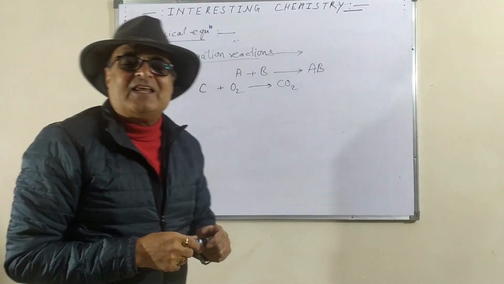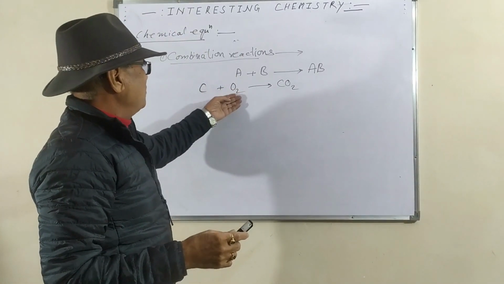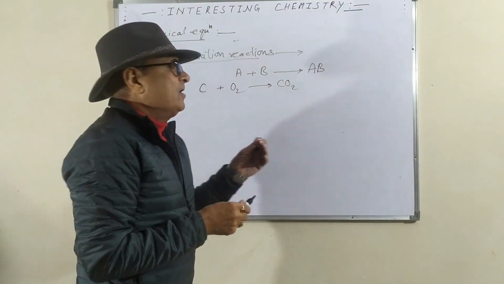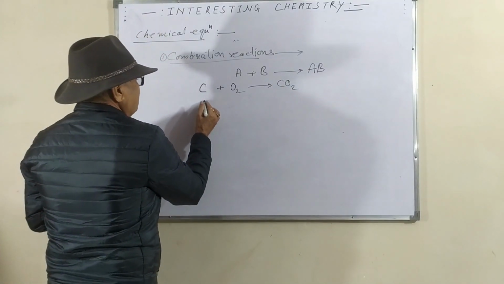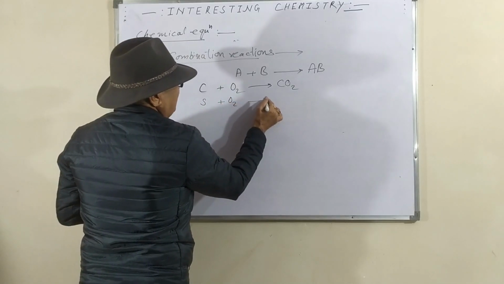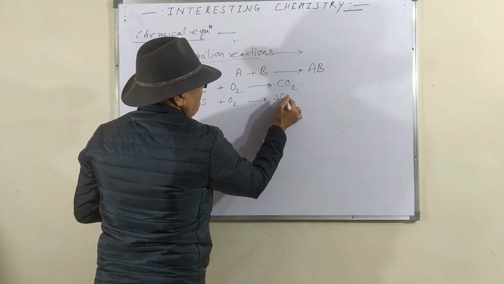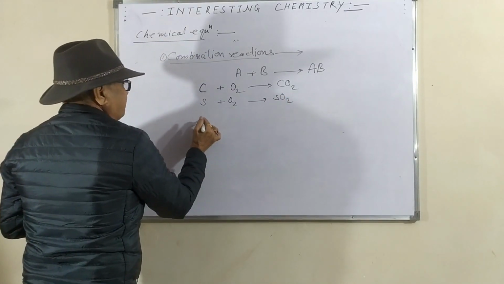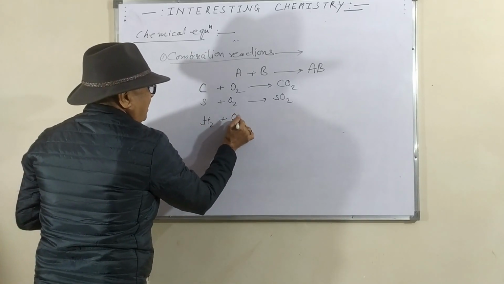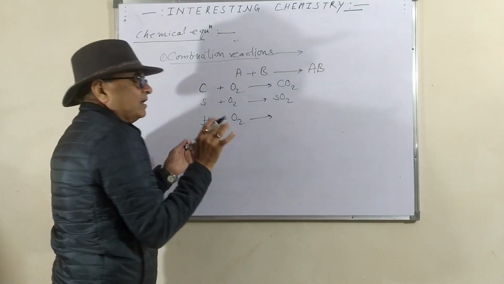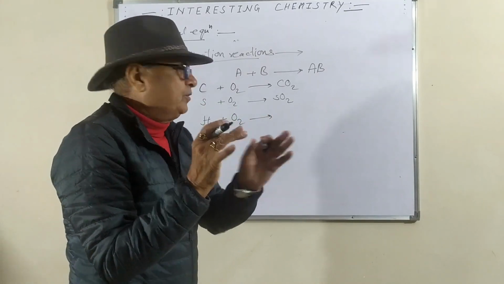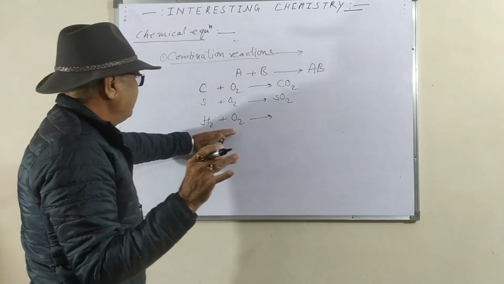This is the balanced equation: 1 carbon, 2 oxygen. Very simple. In the same way, if you take sulfur in the presence of O2, then this will be SO2. But suppose hydrogen and oxygen react with each other, then what will happen?